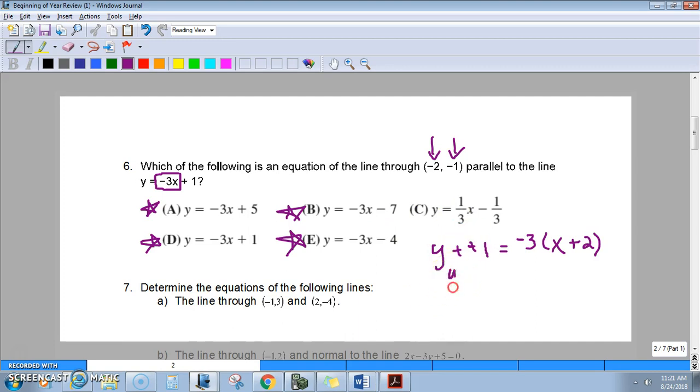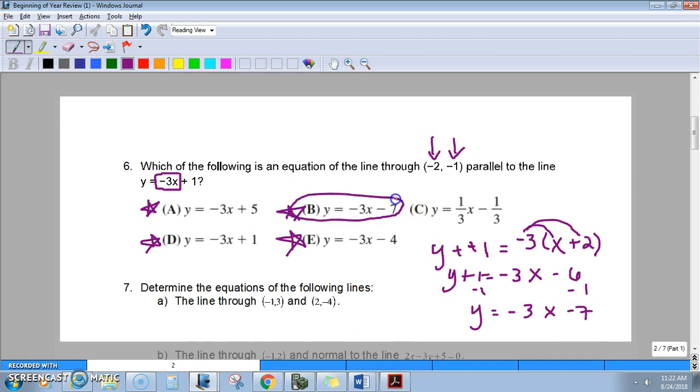So we have y plus 1, I'm going to distribute that slope, is equal to -3x minus 6, -3 times x, -3 times +2. And then I need to subtract this 1 from both sides. So I'm going to have y equals -3x minus 7. So it's going to be B.